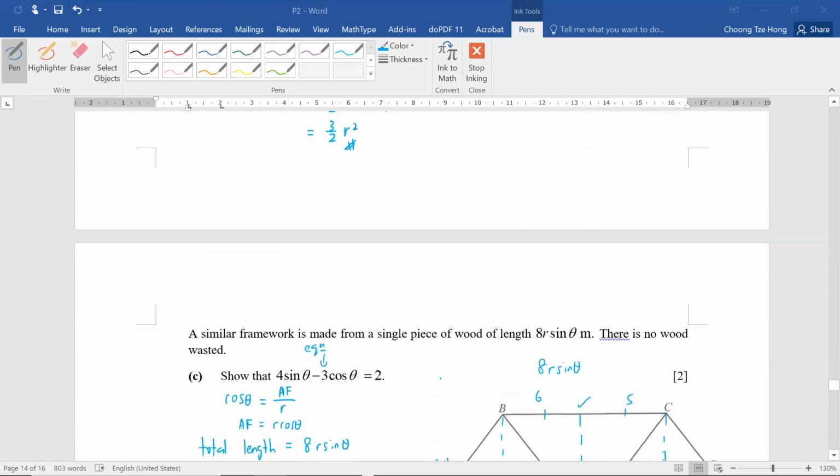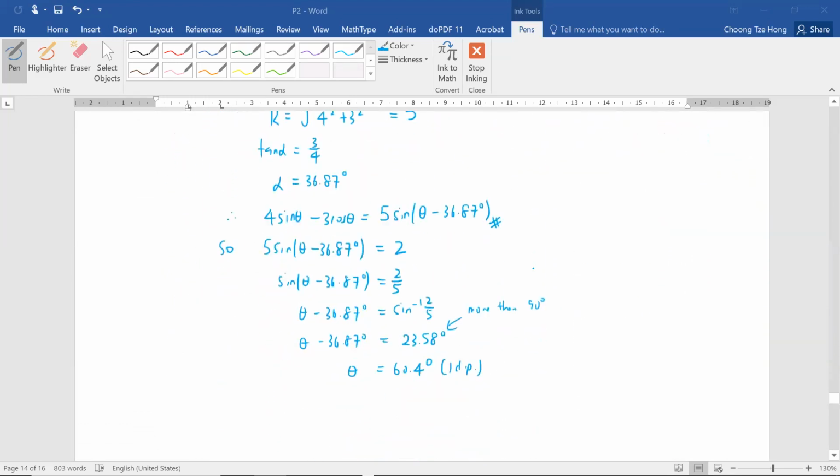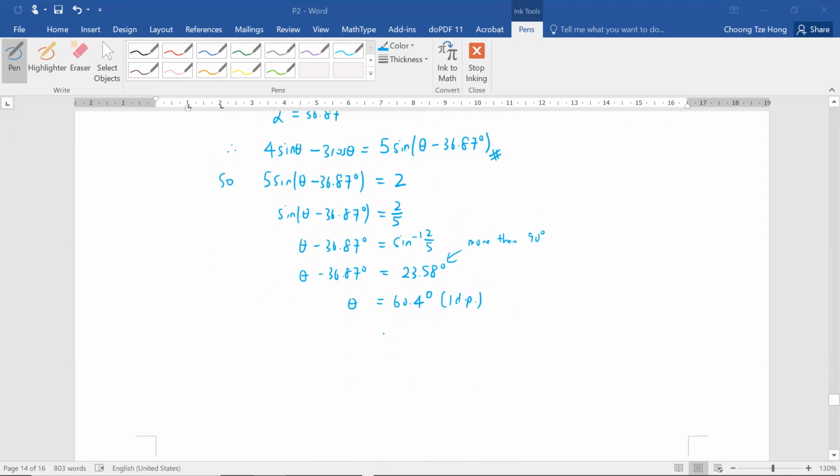And theta cannot be more than 100 because remember there are two angles that are theta inside a triangle. If they are more than 90, then they add up to more than 180, and the triangle is not possible. So this is how you do a question like this. A rather long question, but actually not too difficult.